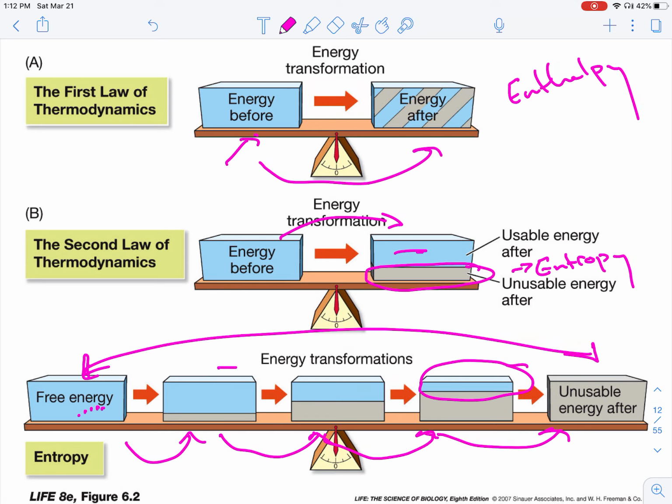This process, the second law of thermodynamics, is why we have to eat in order to survive. We are constantly converting the energy that we have to this unusable energy or entropy, and we need to get a fresh supply of new energy in order to keep our biological processes going.